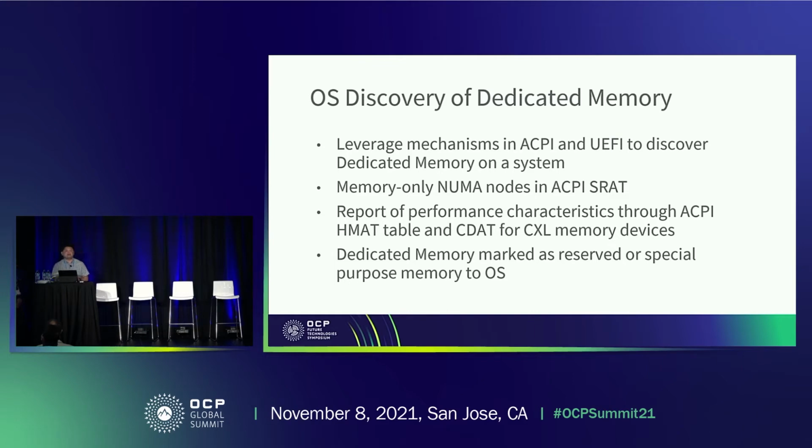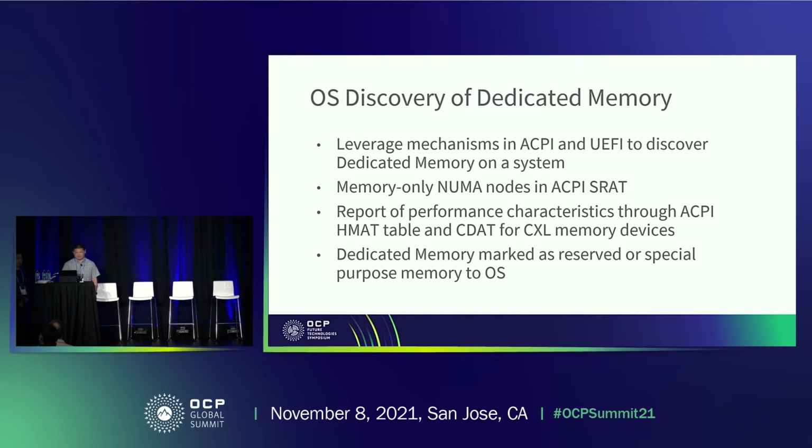From the operating system's perspective, the operating system has to have a way of discovering whether there is any dedicated memory available on the system. From a Windows perspective, we are planning to leverage mechanisms that are already defined today in ACPI and UEFI to discover dedicated memory on the system. Our expectation is that dedicated memory will be described in memory-only NUMA nodes within the ACPI SRAT table.